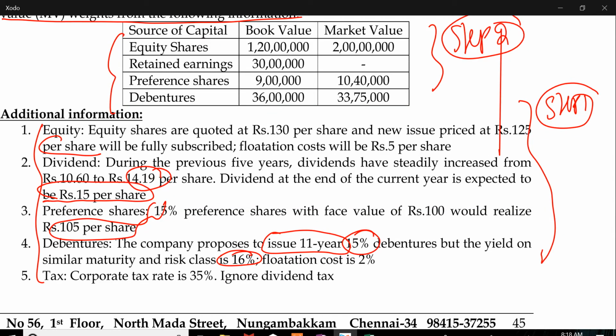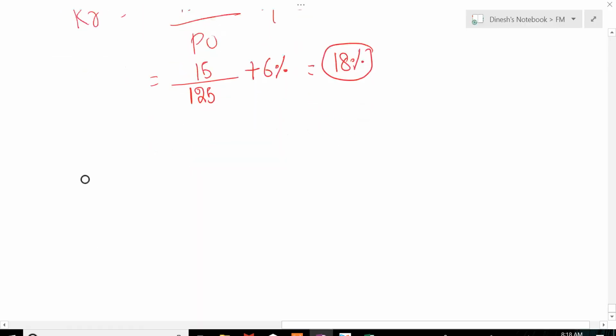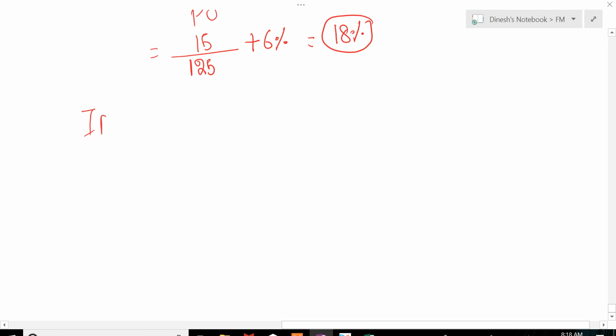Now come down. Interest after tax equal to 100 into what's the interest rate? Into 1 minus what's the tax rate?